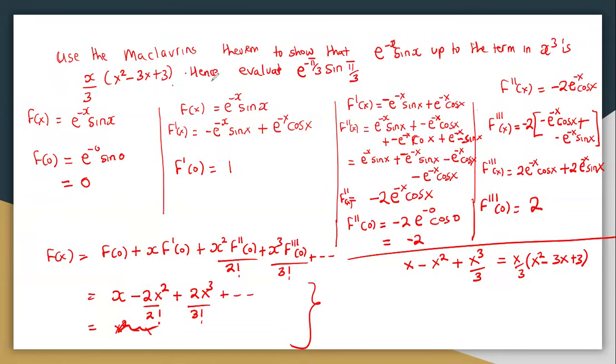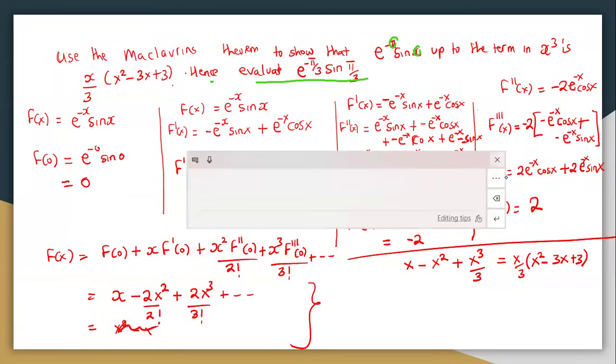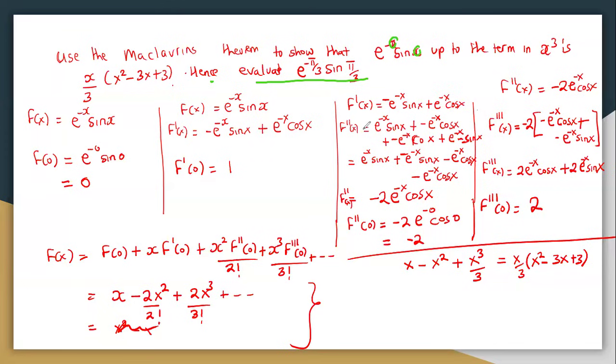Then they told us that hence evaluate this. So what do they mean? It means from what you have obtained, go on. Now, when you compare, what is our x? What is the x we are going to use such that we substitute in this Maclaurin's theorem?